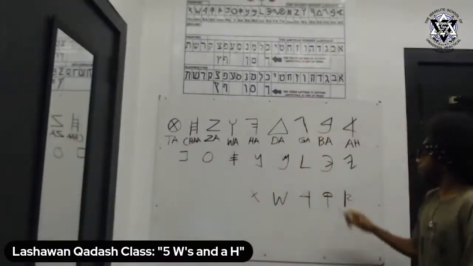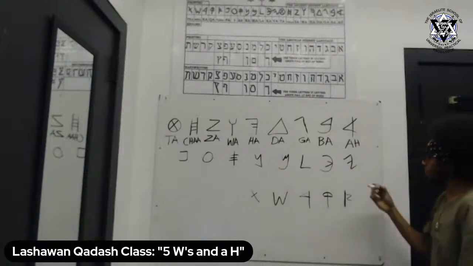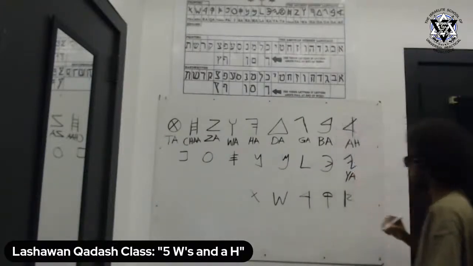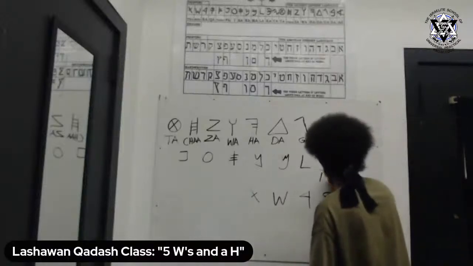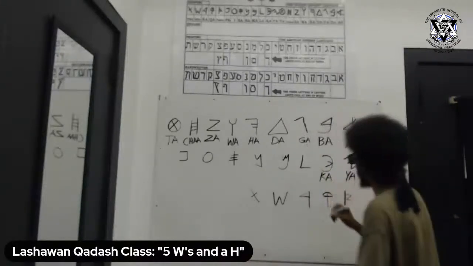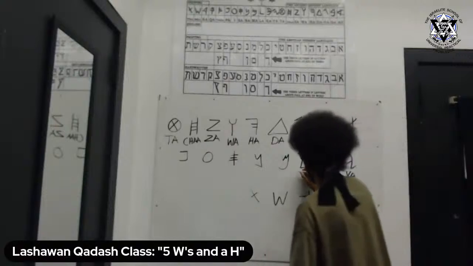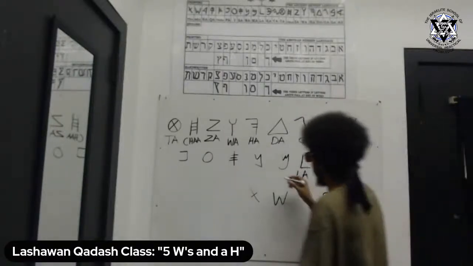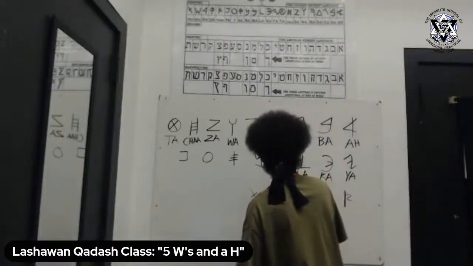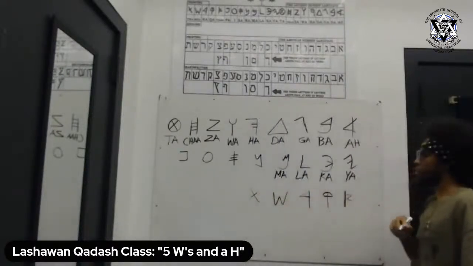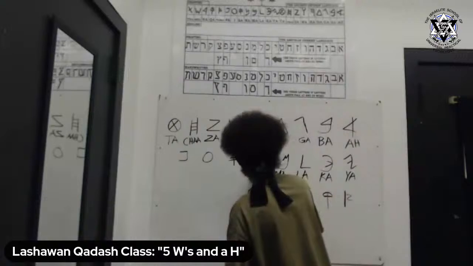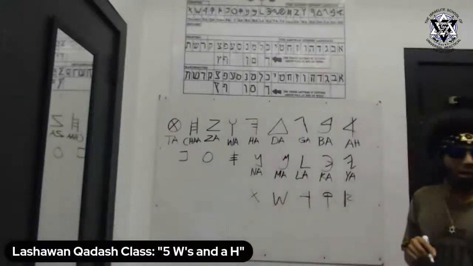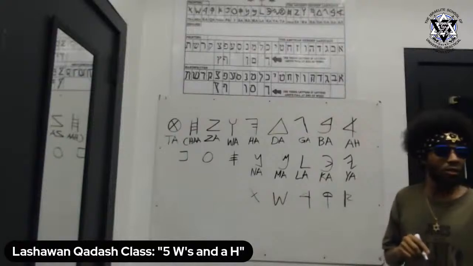What is this right here? Y-A. What's the next one? K-A. La. L-A. M-A. N-A.